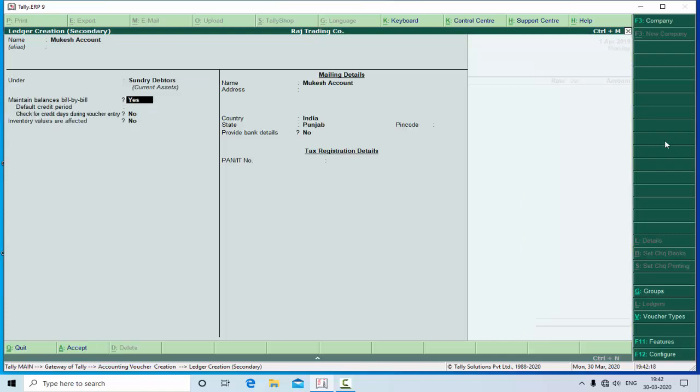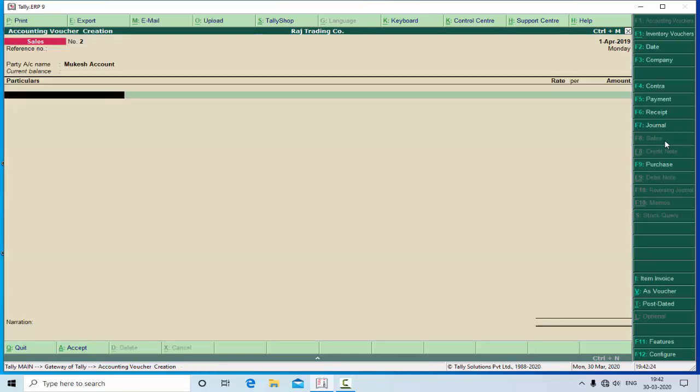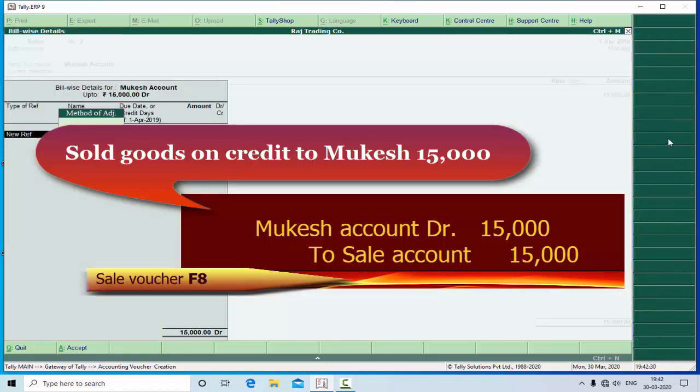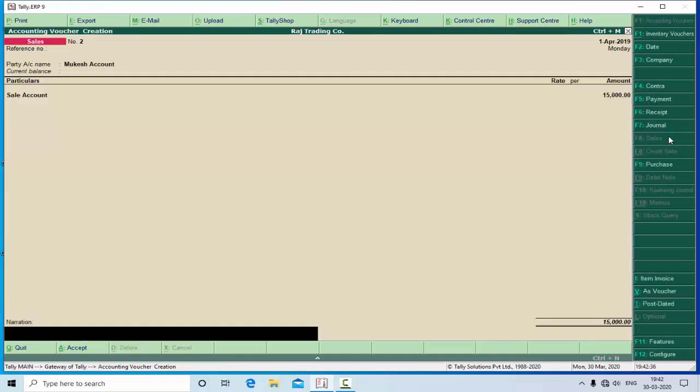Then select the sale account here, and the amount is 16,000. Enter the bill number here, and enter the narration: sold goods on credit to Mukesh.